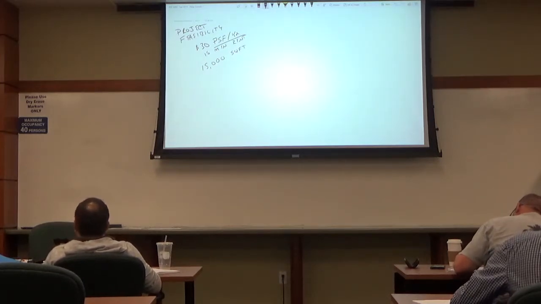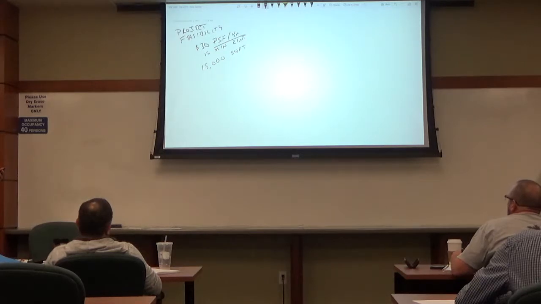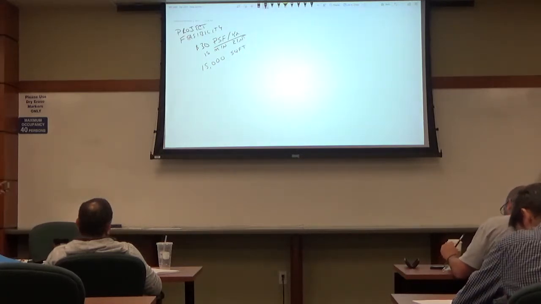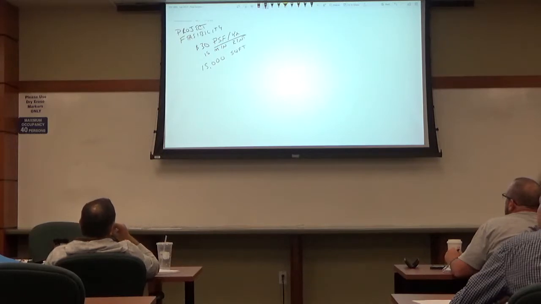And in this case, do my math here before I set this thing up. So let's say that the current rent is $35,000 a month.